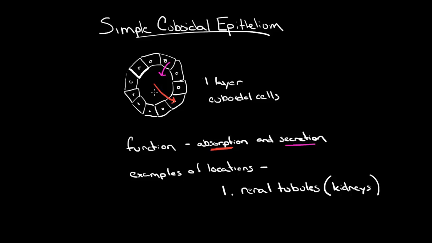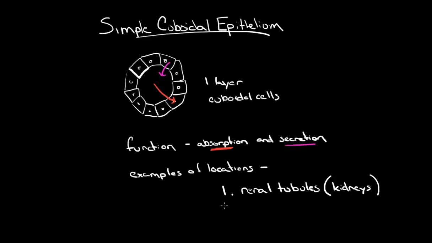In fact, this diagram that I drew you right here is modeled after what we would find in the renal tubules. And we'll get a chance to discuss that both in the later portion of this class, General A&P, and also when you take Advanced Anatomy and Physiology.